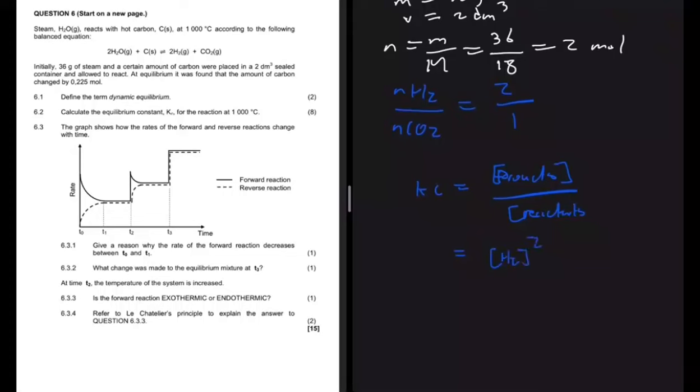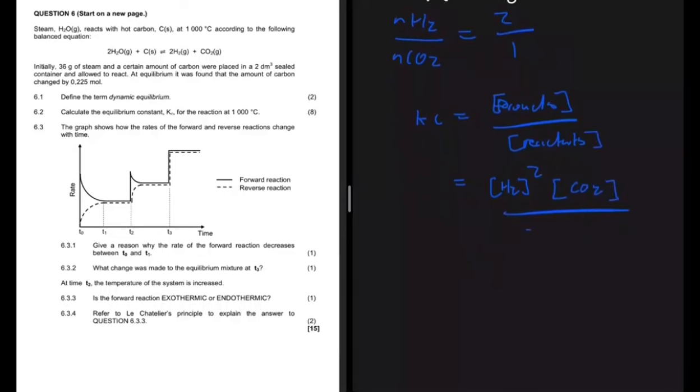We're squaring it because it has a balancing coefficient of 2. And then we have CO2. And then the reactants, we're going to have H2O. And then we also square it because it has a balancing coefficient of 2. And then we don't regard the carbon because, like I've said, it's a solid.